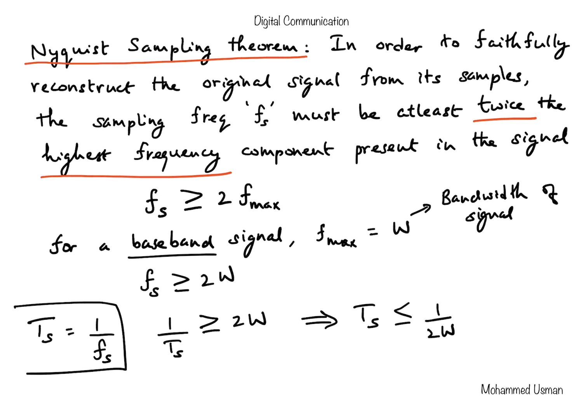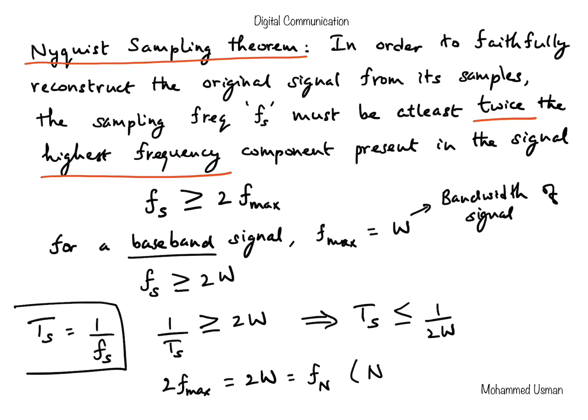The threshold for the sampling rate, which is 2f max or 2W, is called the Nyquist rate. So 2f max, which is also equal to 2 times the bandwidth for a baseband signal, is called the Nyquist rate, Fn.